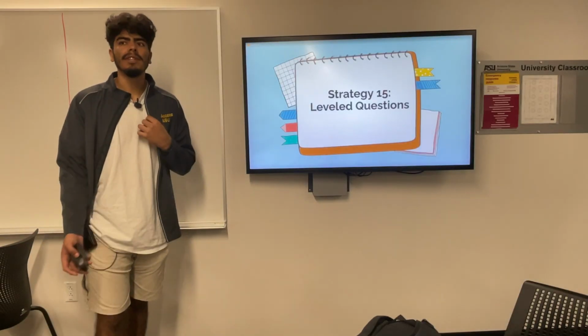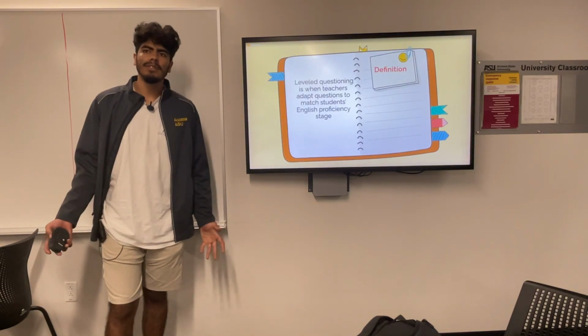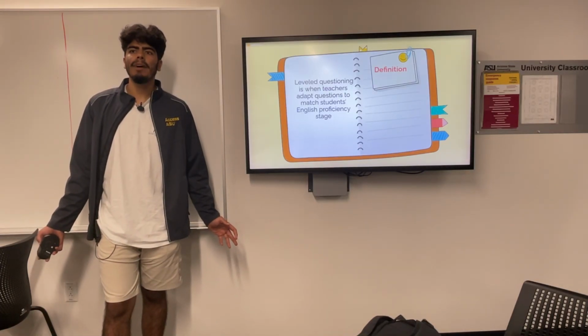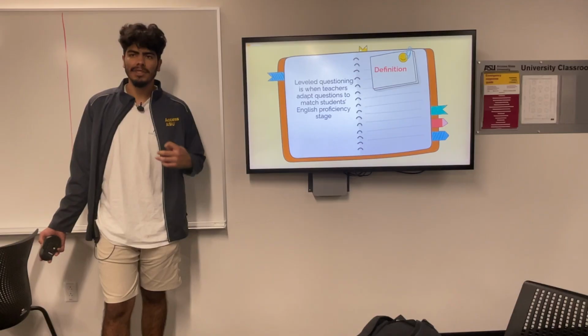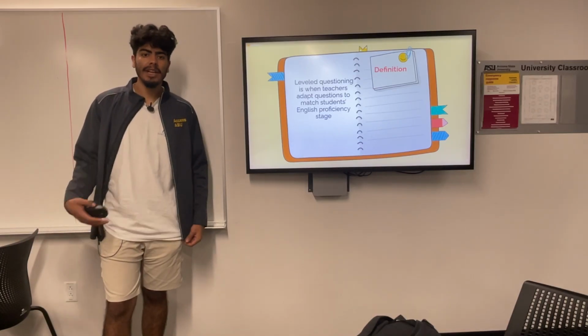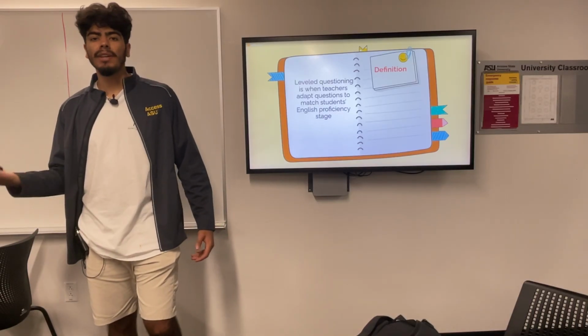Strategy number 15, leveled questions. I know, what are leveled questions? Leveled questioning is when teachers adapt questions to match students' English proficiency stage. This means the teacher will change the type of questions she's asking a student based on their level of English.